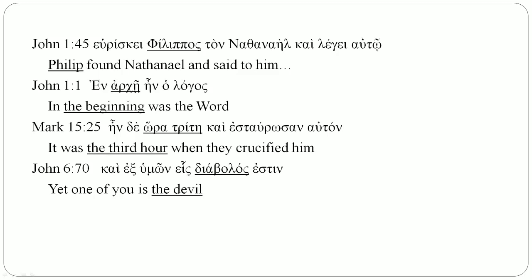If you did not have an article with Nathanael to tell you that he is the accusative, the object, it would get really hairy. You wouldn't know if it's Nathanael found Philip or Philip found Nathanael, but putting the article on the second one tells you that's the object, the accusative.